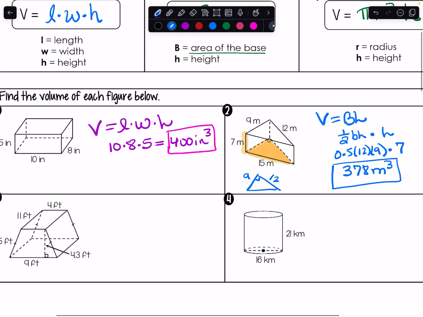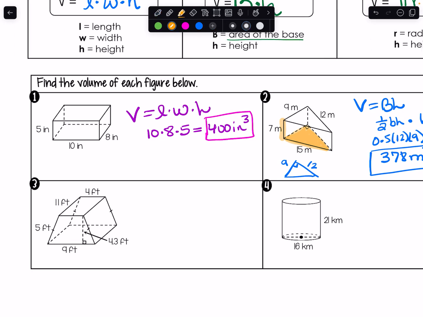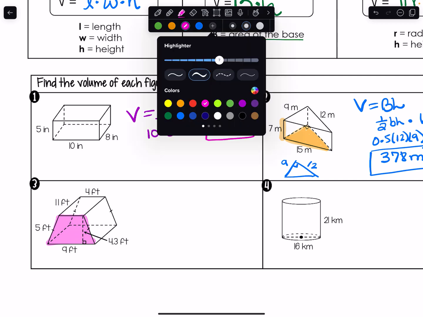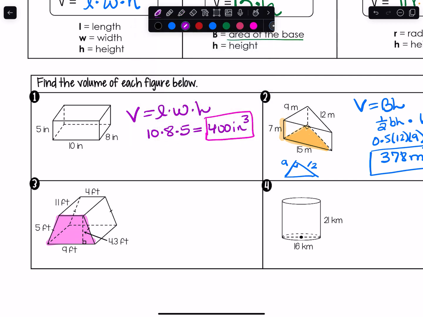Moving right along, here I have a trapezoidal prism because the bases are trapezoids. Remember, base does not mean top and bottom. It's the sides that are opposite, parallel, and congruent. In this case, that is trapezoids. We're still doing area of the base times the height, but the base in this case is a trapezoid.